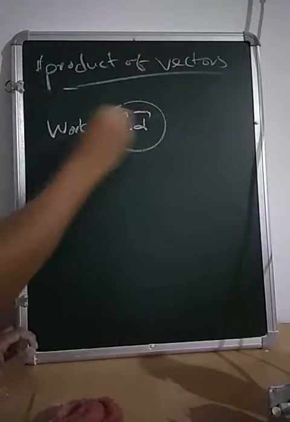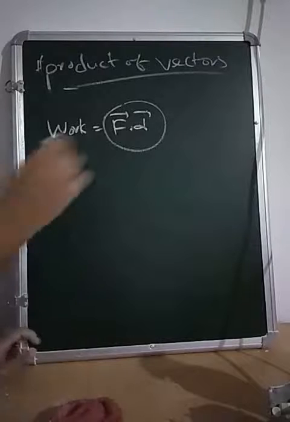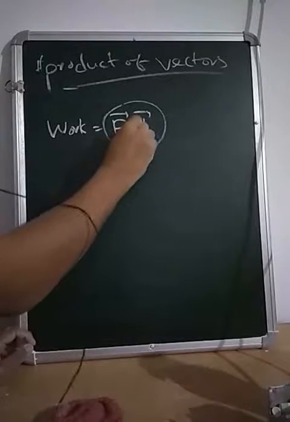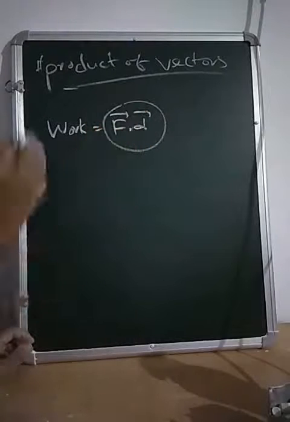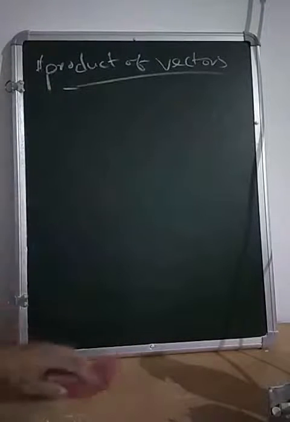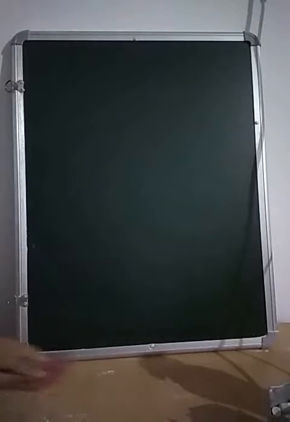Then we get the scalar quantity which is called work. So work is nothing but the scalar product or dot product of force and displacement, F dot D. Okay, so that is why, before discussing work, we have to know about the scalar product or dot product of vectors. Okay, so up to now I will discuss.